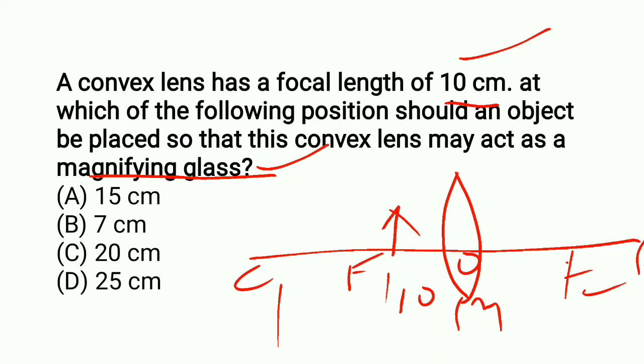So you can see the distance is less than 10 centimeter. Now you just check it in the options: 7 centimeter, which is less than the focal length, right? So the answer is 7 centimeter.